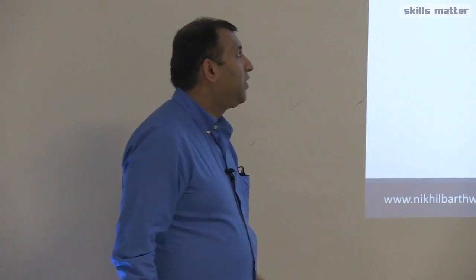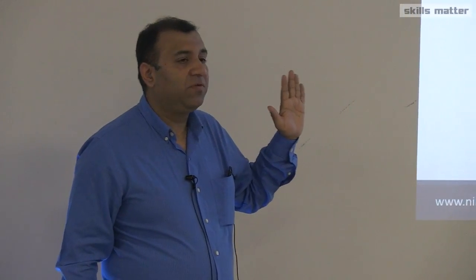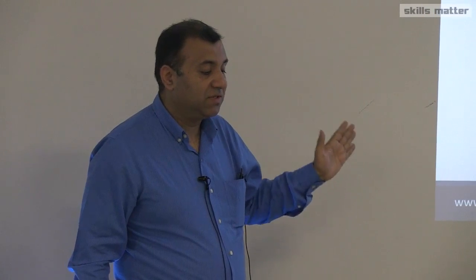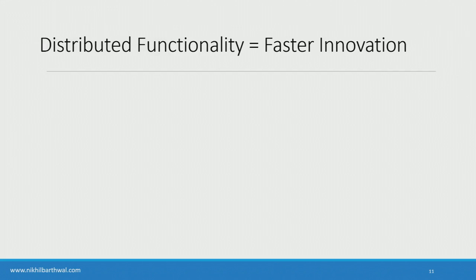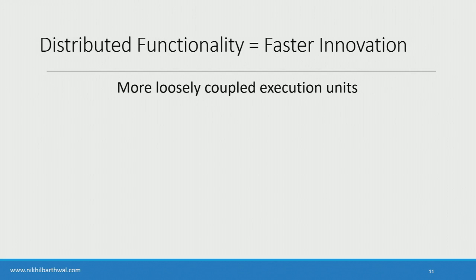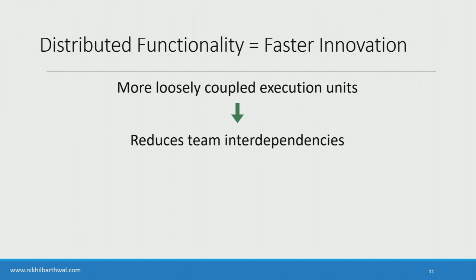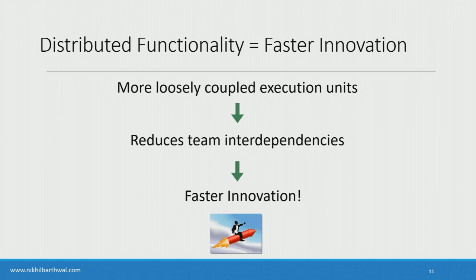Now, when we talked about moving from monolithic to microservices, we talked about the fact that distributed functionality actually leads to faster innovation. That is because more loosely coupled execution units reduce your team interdependencies, right? And when you have less team interdependencies, that means faster innovation.